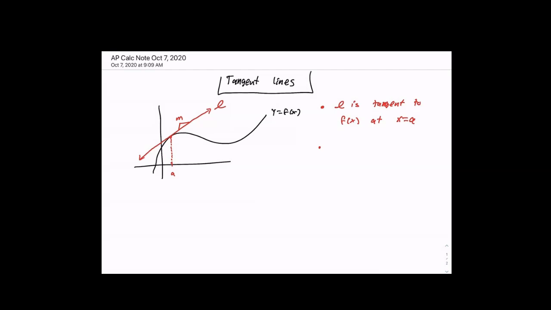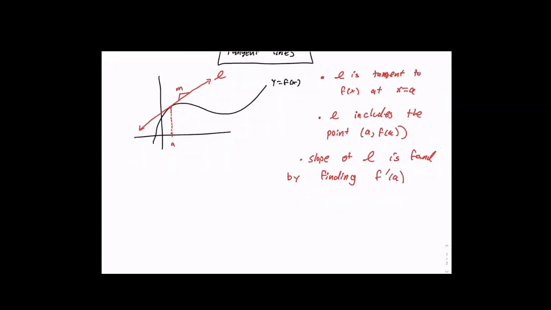Another piece of information that we know is that L includes the point A comma f of A. And finally, the slope of L is found by finding f prime of A. So L is tangent.